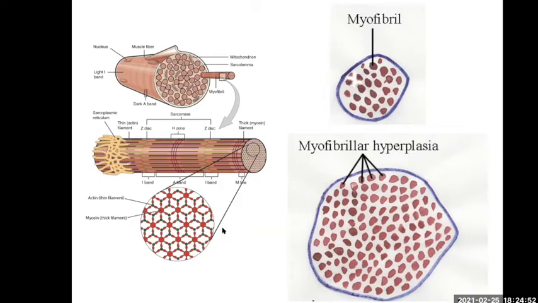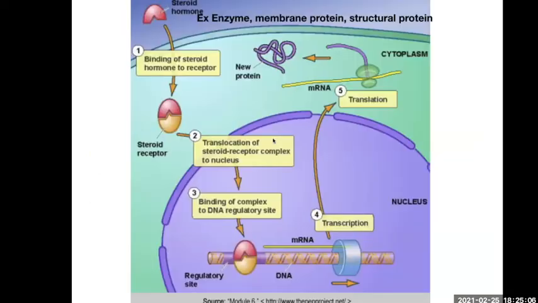Usually we talk about enzymes and stuff because you're going to increase or decrease metabolism or other cellular activity. But there's also this structural component to it, this effect that everybody here knows about what steroids do. It might be an enzyme, it might be a membrane protein that's going to affect the steroid response, anything like that.